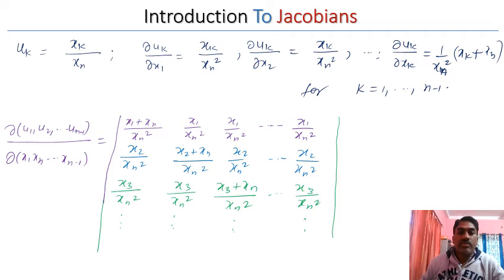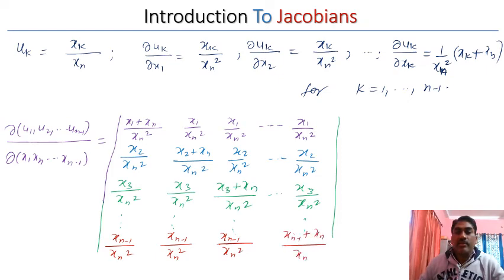The final row will be xn minus 1 by xn square, xn minus 1 by xn square, this will be n minus 2 times xn, and finally we will have the last xn minus 1 by xn square, and the last term will be xn minus 1 plus xn by xn square.